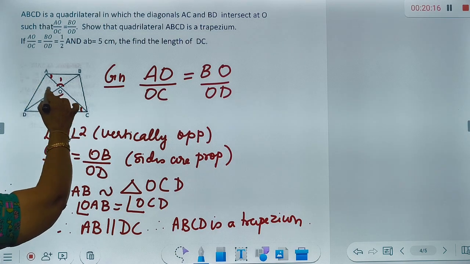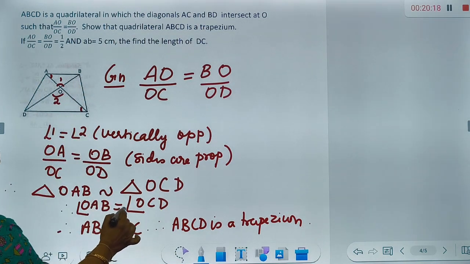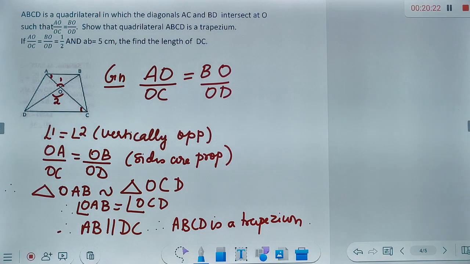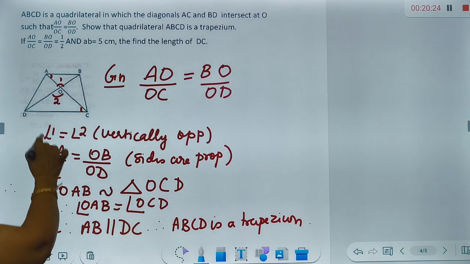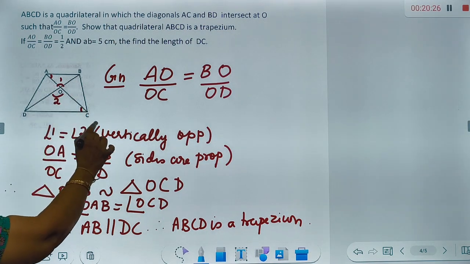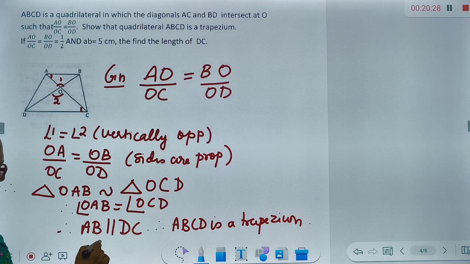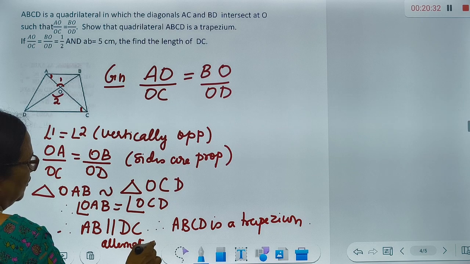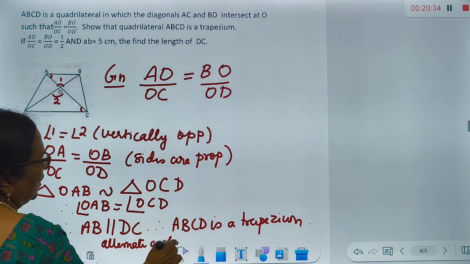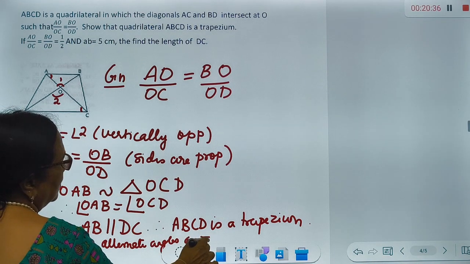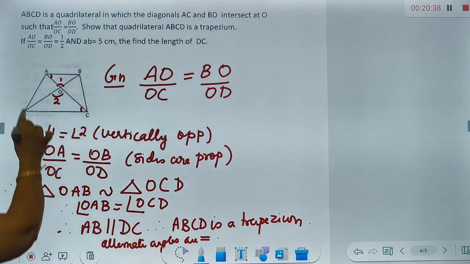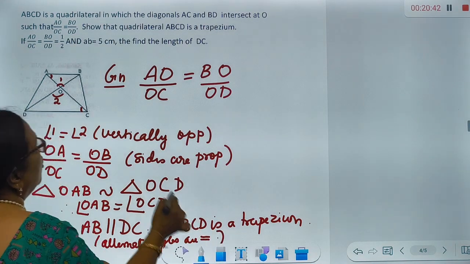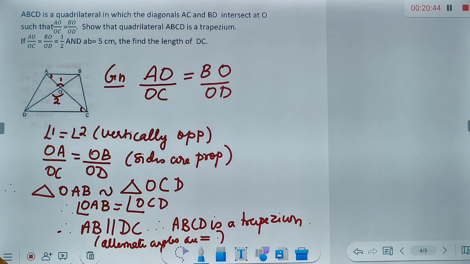So angle OAB is equal to angle OCD, which means AB is parallel to CD because alternate angles are equal. Therefore, ABCD is a trapezium.